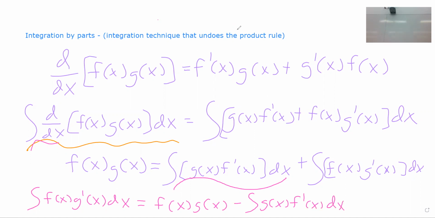It's all going to make sense here in a second. But is everybody okay with how we got from just the product rule to this formula at the bottom? Any questions?